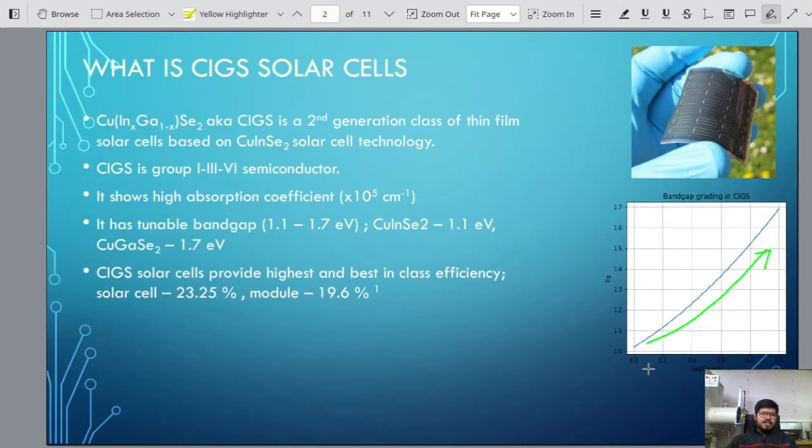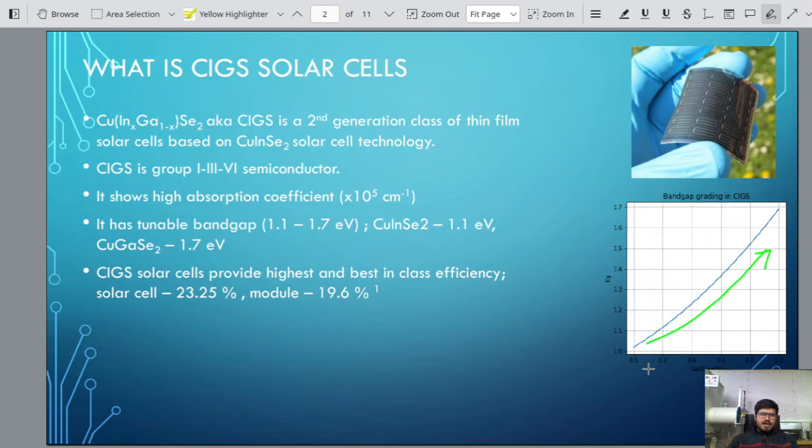Copper indium gallium diselenide, also known as CIGS, is a second generation thin film solar cell technology, which is based on copper indium selenide solar cell technology. CIGS is a group I-III-VI material semiconductor.